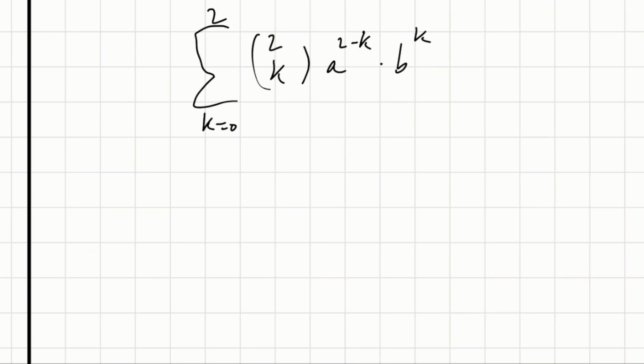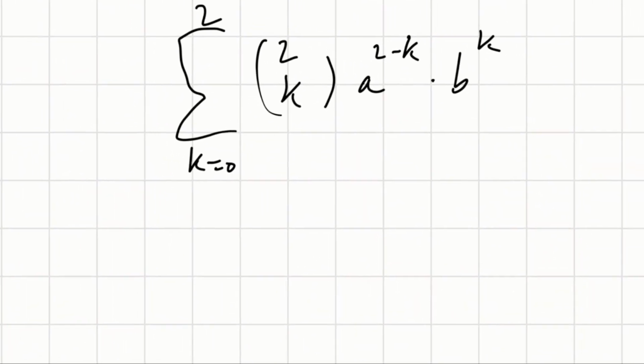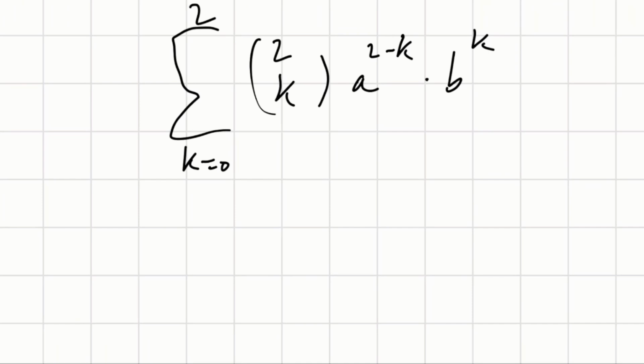So let's write this nicely again. We've got 2 over k, with k equals 0, times a to the 2 minus k times b to the k. You can try to solve this for yourself, but I'm going to do this now.